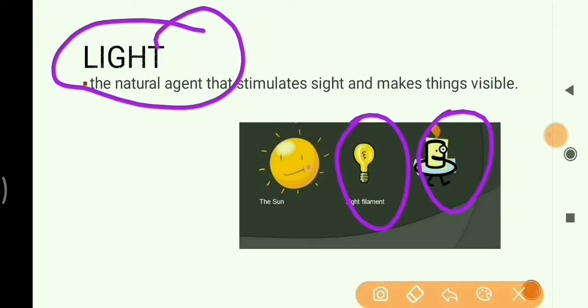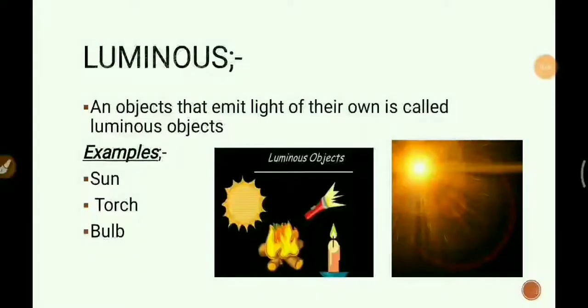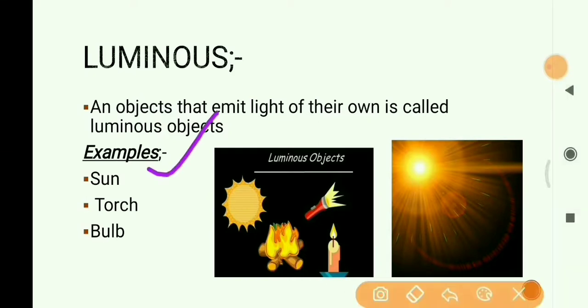So, what do you mean by light? Light is the natural agent that stimulates sight and makes things visible. What do you mean by luminous objects? In our surroundings, we see so many objects which emit light of their own. For example, sun, torch, bulb, candle. These are all objects which emit light of their own.